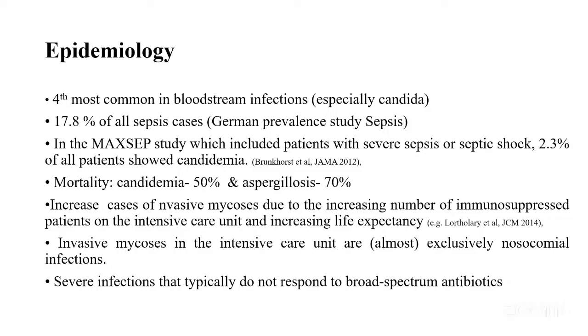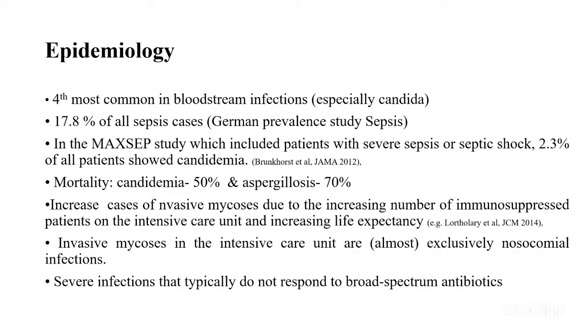Epidemiology: Candida is the fourth most common cause of bloodstream infection, 17.8% of all species cases as per a German prevalence study. In the MaxSep study, which included patients with severe sepsis or septic shock, 2.3% of all patients showed candidemia. Mortality due to candidemia is 50% and due to aspergillosis is 70%.